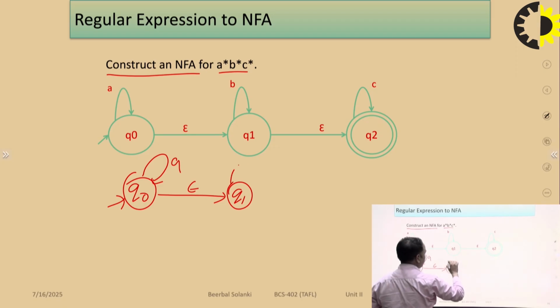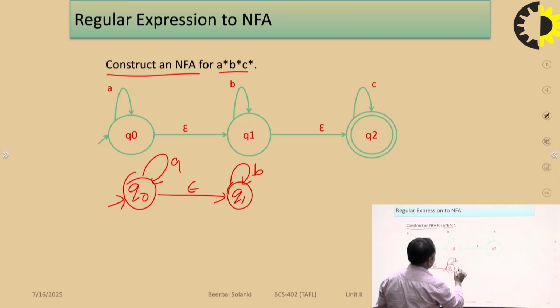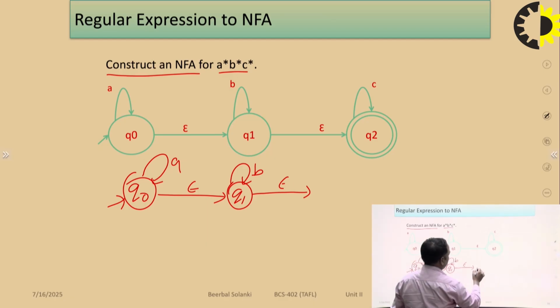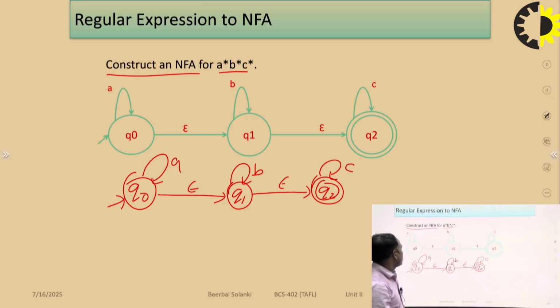So we write the self loop for that, and also the self loop for a, because a is a closure, and epsilon, and Q2 is a final state, and c, the closure of c. So we can write the self loop for that also. So this is the epsilon NFA for the given regular expression.